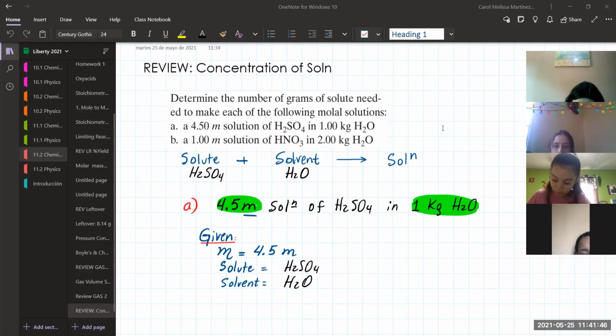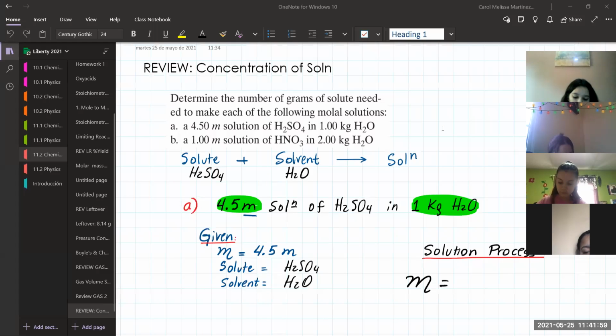According to the formula for molal concentration, we have an equation that says molal concentration is equal to the number of moles of solute divided by kilograms of solvent.